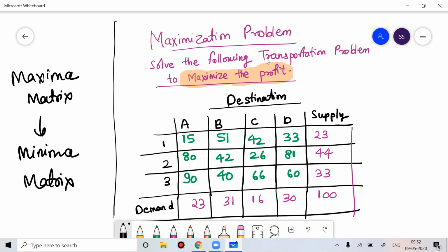So how do we convert the maxima matrix into the minima matrix?